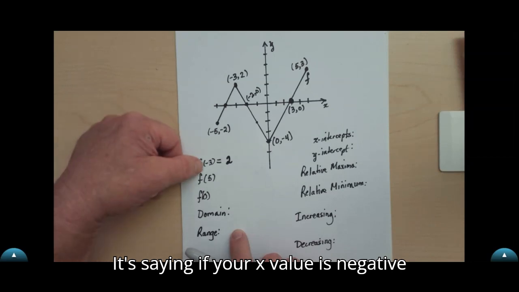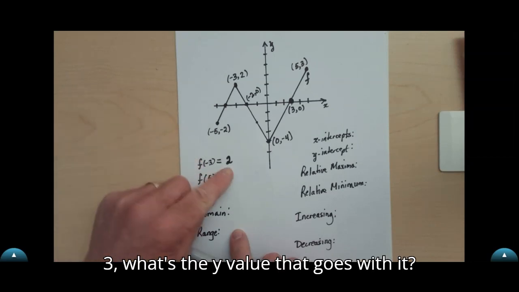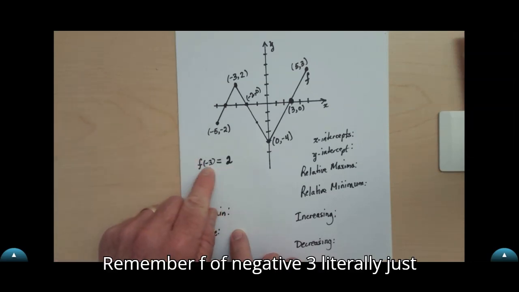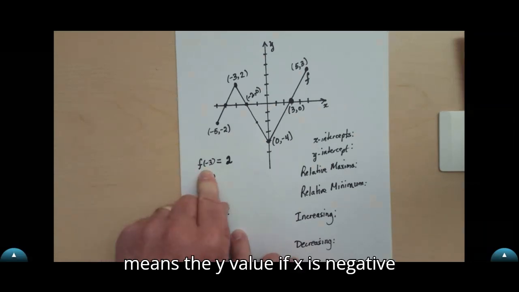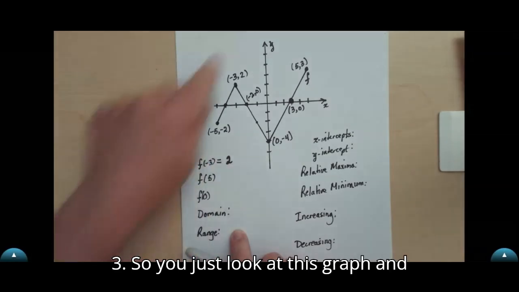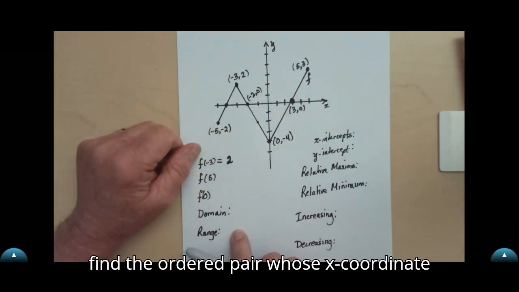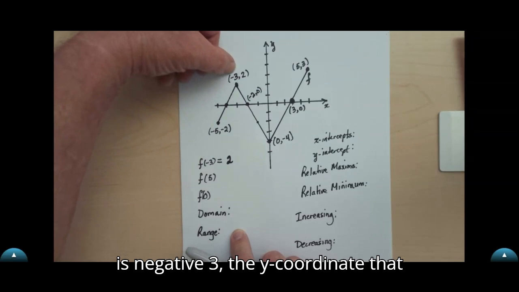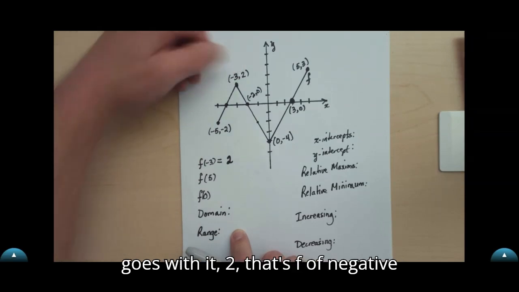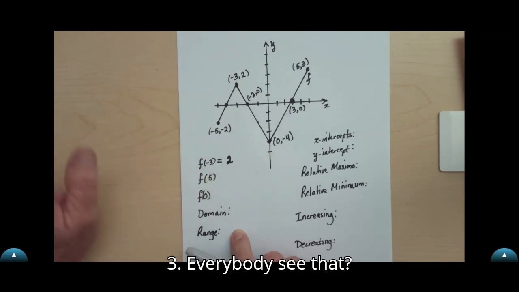It's saying if your x value is -3, what's the y value that goes with it? Remember, f of -3 literally just means the y value if x is -3. So you just look at this graph and find the ordered pair whose x coordinate is -3, the y coordinate that goes with it, 2, that's f of -3. Everybody see that?